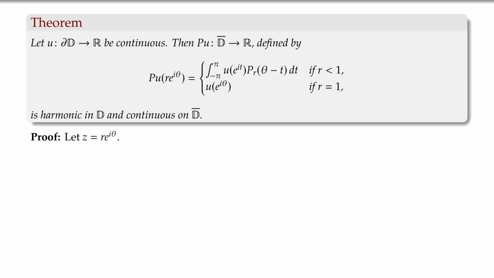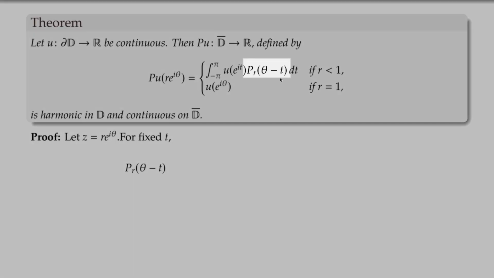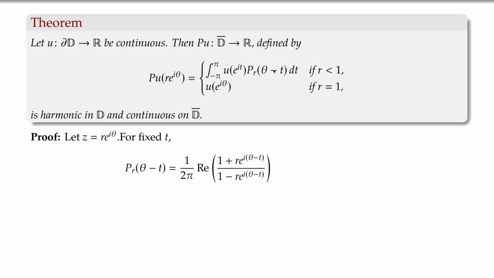So okay, let's look at some z. So z is r e to the i theta, and for fixed t, we look at this kernel that we're integrating against, and we write it using the second form. That's 1 plus z over 1 minus z.